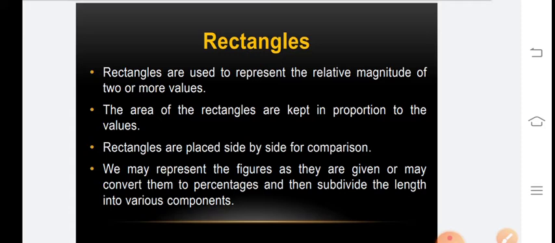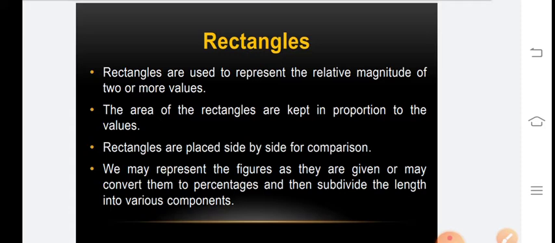We may represent the figures as they are given, or convert them to percentages and then subdivide the length into various components. It means that with the help of the data of the factors we can draw the rectangles, or we can convert that data into percentages and draw the diagrams.